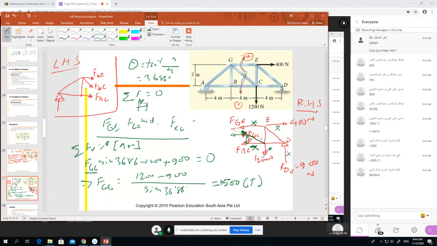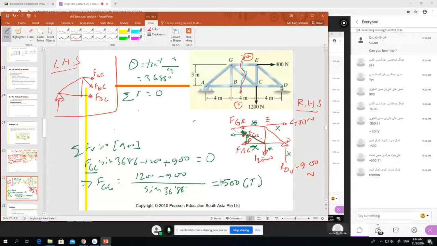Now we know already one value. Now we can take the horizontal. If we take horizontal now, I think it will be much easier because we already know one value. But actually I will not take even horizontal. I show you now one more trick. If you take the horizontal force, what will happen?